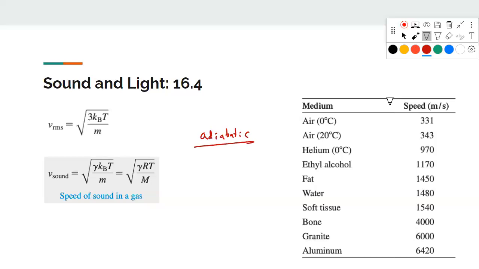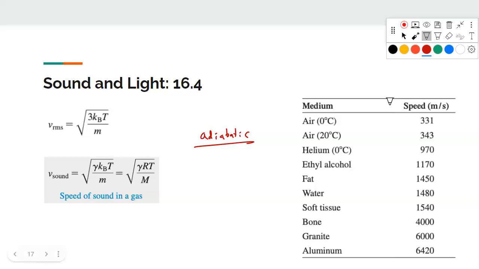If I use all of the thermo stuff we learned, and then go a bit beyond it, you can derive with the ideal gas law and some assumptions about heat change being zero that the speed of sound in a gas follows this relationship.